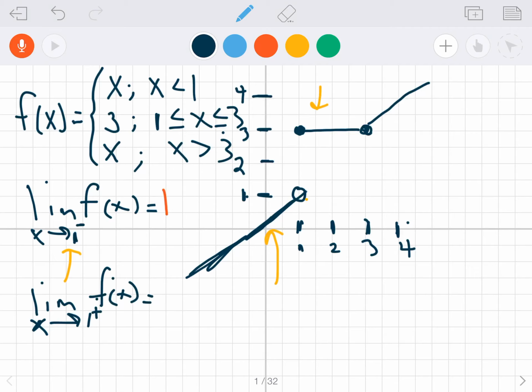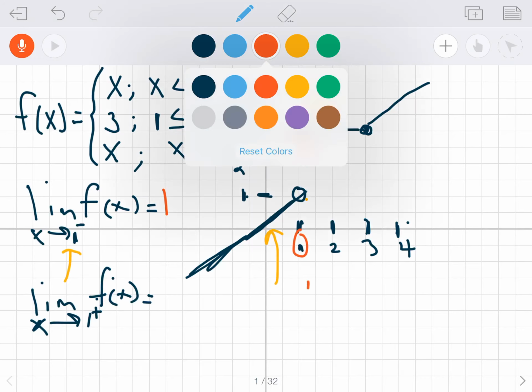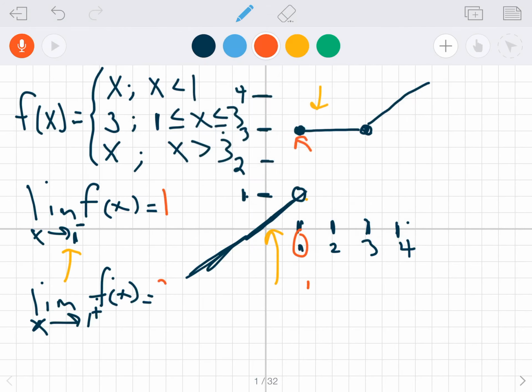What is the y value when x is 1, right here? When x is 1, what is y? From the right, it is 3. So I'm going to go ahead and write 3, and there it is.